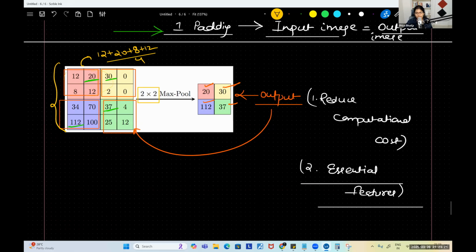Yes, max pool we will always use on the output image to extract the important features at the end of the day. Again, with all these concepts, padding, max pooling, try to understand the concepts and don't take them as essential steps that we have to do. In a few architectures people are doing it, in a few they're not.